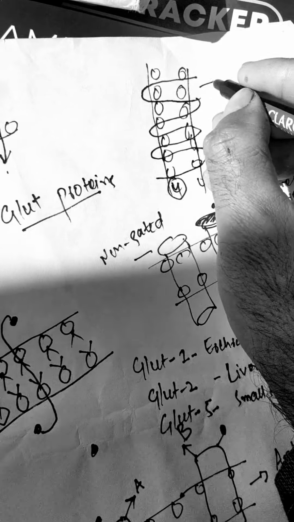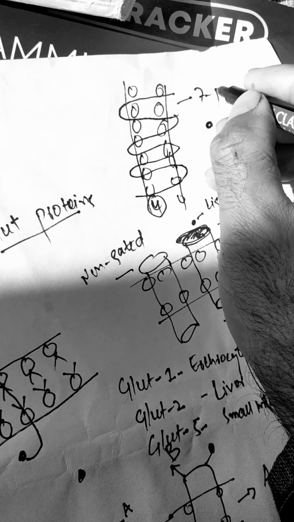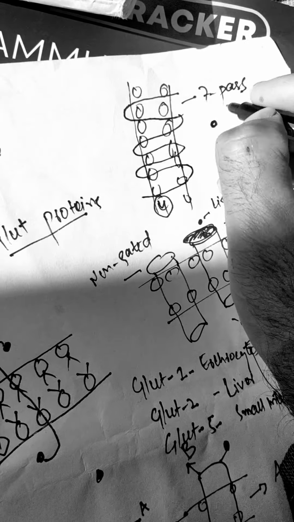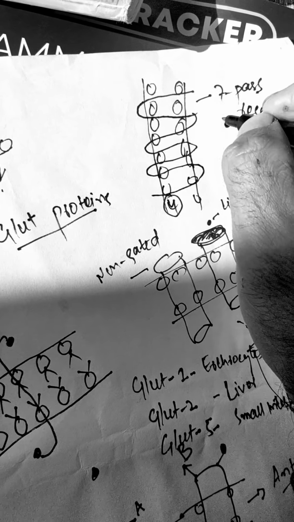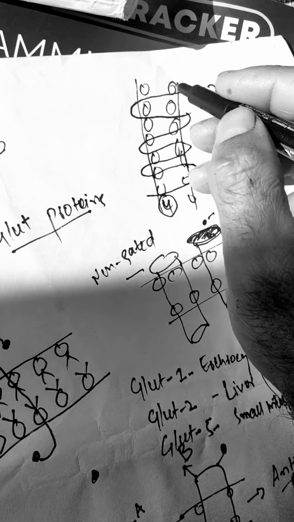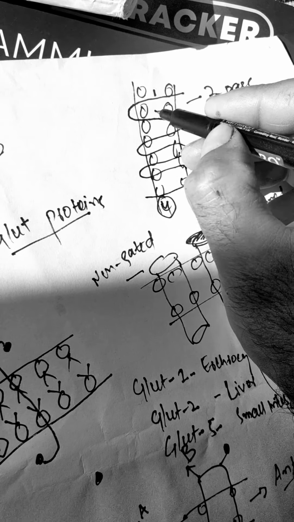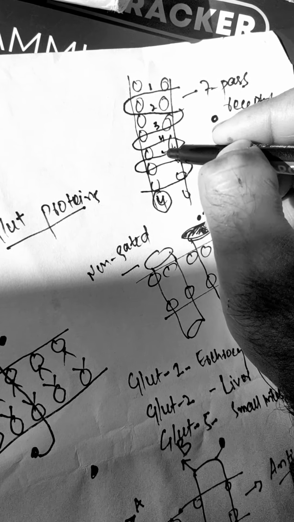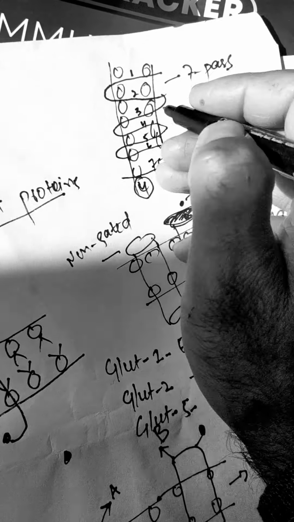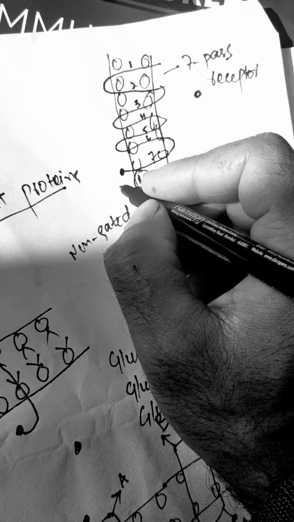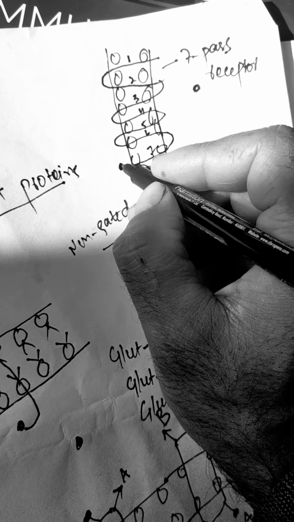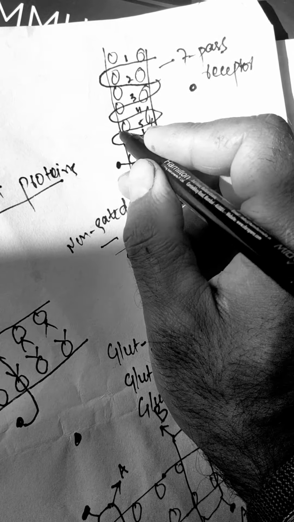This transmembrane protein is known as a 7-pass receptor. Because it passes 7 times through the plasma membrane, you can see here 1, 2, 3, 4, 5, 6 and 7. When this transmembrane protein receives a molecule from one side of the cell, a signal passes through this protein.